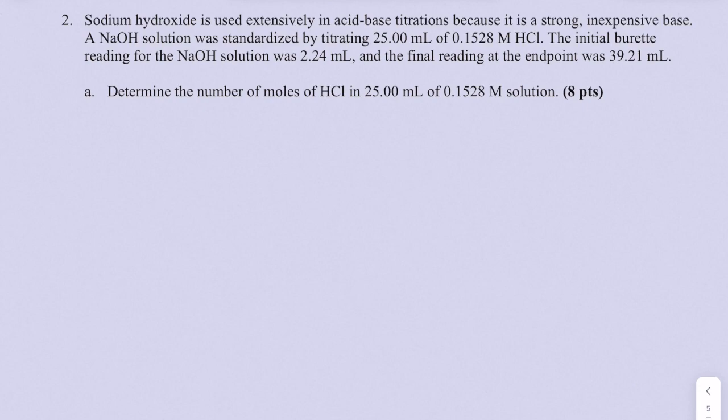First, we calculate the moles of our known, which is hydrochloric acid. And in this case, we know the concentration and we know the volume. So to calculate the moles, we take our concentration, 0.1528 moles per liter, and we multiply that by the volume in liters.